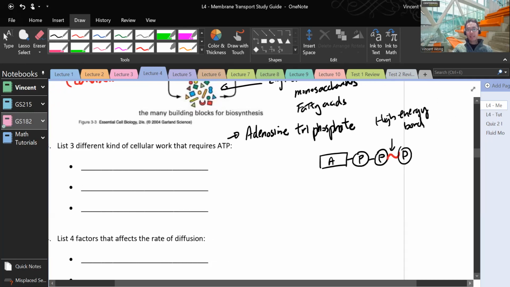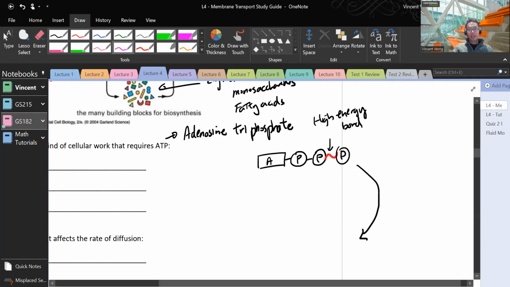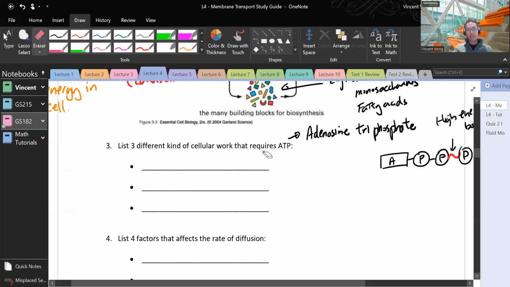And what happens is when you break off that last phosphate, that high energy bond is going to release a tremendous amount of energy. Okay, so that energy is going to come out, and we can use that energy to do various things. Okay, and that's what this question is asking. What are we using the ATP for?